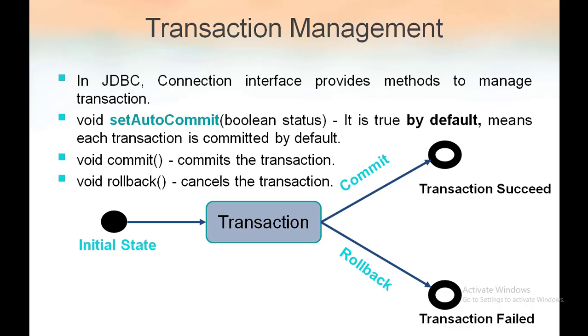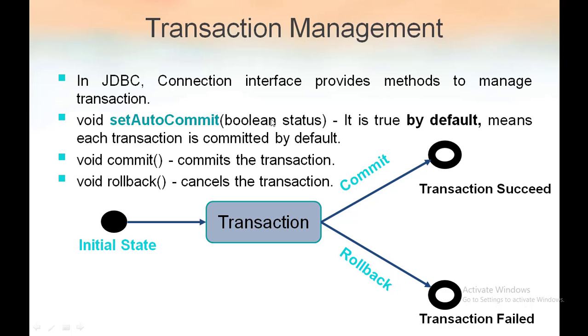By default, a JDBC transaction is in auto commit mode. Every SQL statement is committed to the database upon its completion. This is the method: void setAutoCommit(boolean status). Here we need to pass true or false.